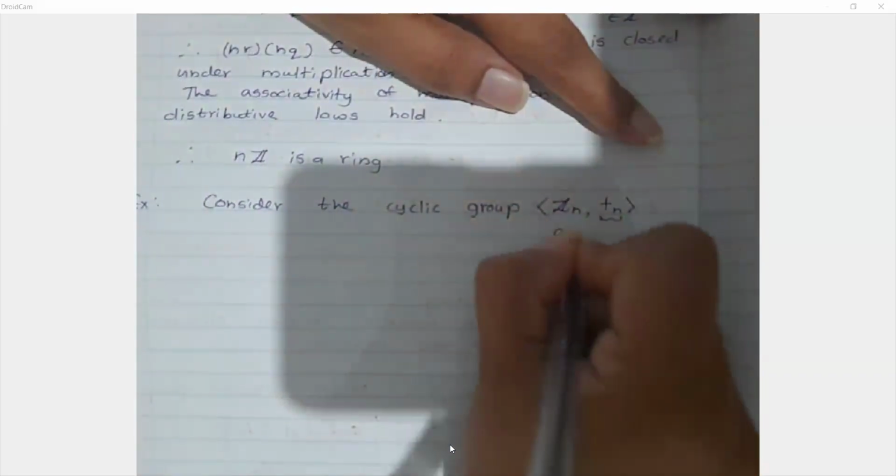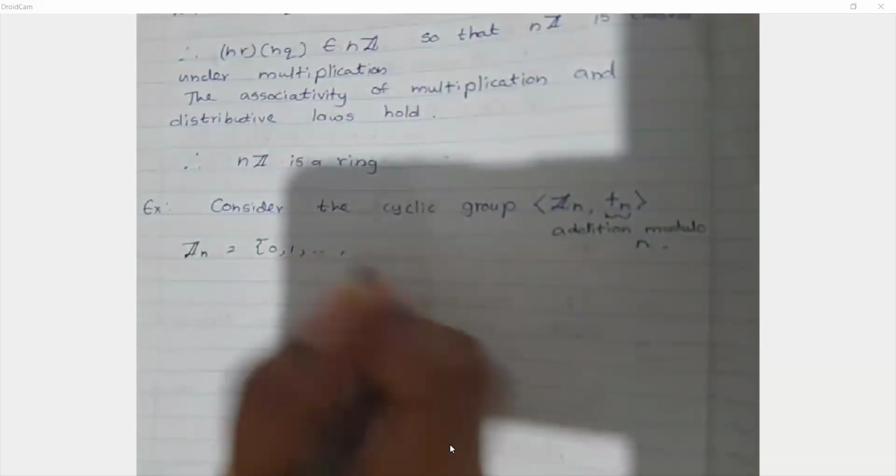If you remember, we call this addition modulo n. What sort of elements do we have in Zn? All elements from 0, 1 up to n minus 1. So in Z5, we will have 0, 1, 2, 3, 4. And the binary operation is addition modulo n. We know that this is a cyclic group, a group under addition modulo n.